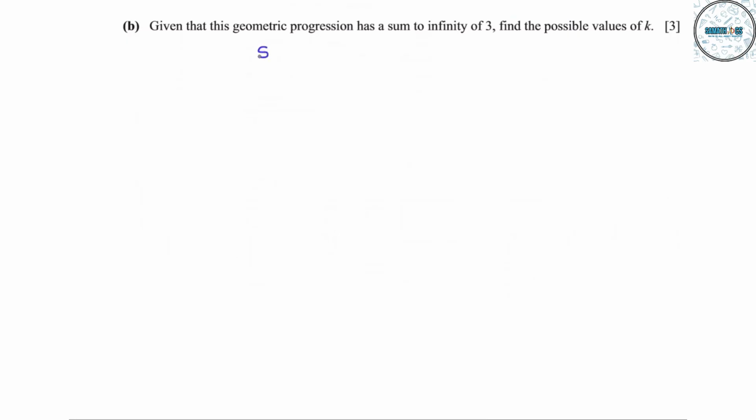So sum to infinity is equal to a upon 1 minus r. Sum to infinity is given as 3. The value of a is 1 divided by 1 minus 2k squared upon 3.